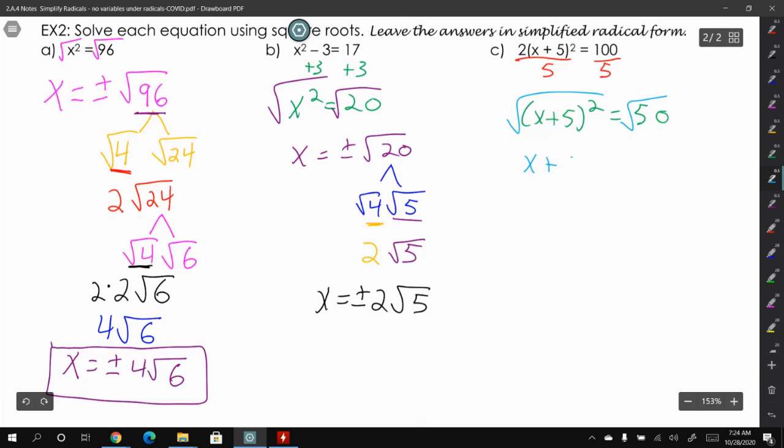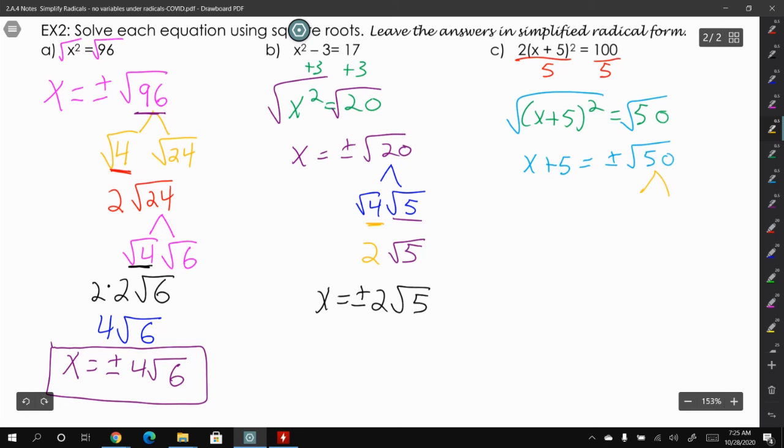So we get x plus 5 equals plus or minus the square root of 50. So then we're going to break this up. Before we worry about this plus 5 on the other side, I want to break up the square root of 50 because I don't want to subtract 5 from both sides and then get this minus 5 confused with my radical.